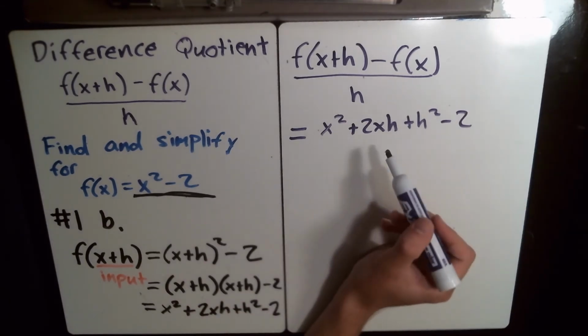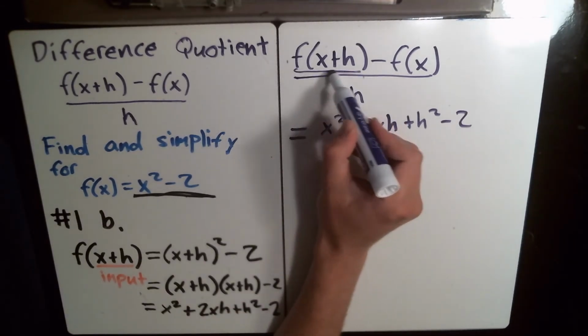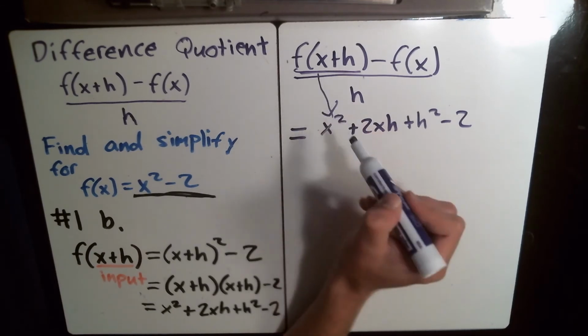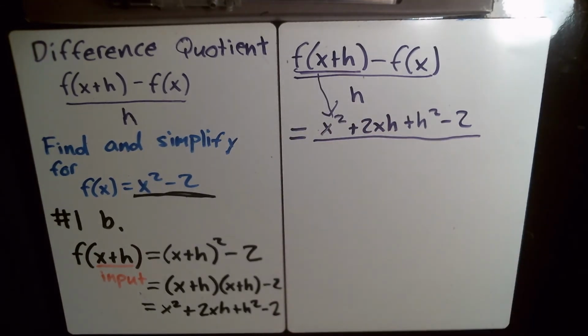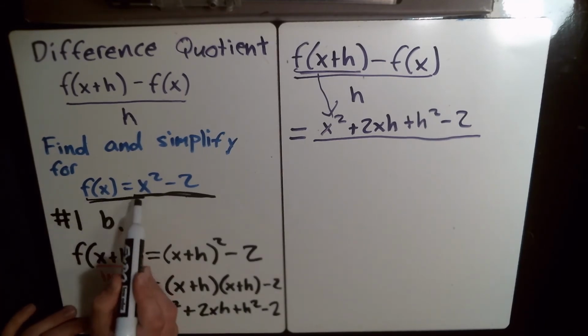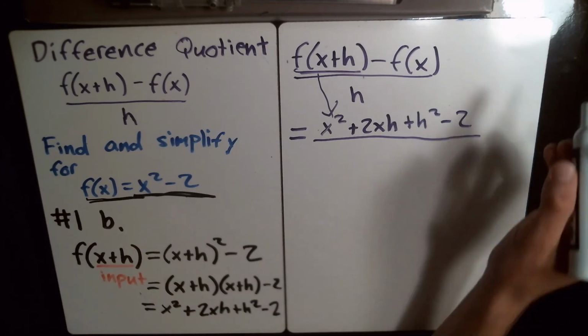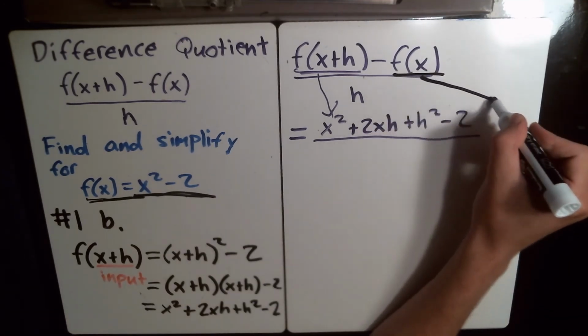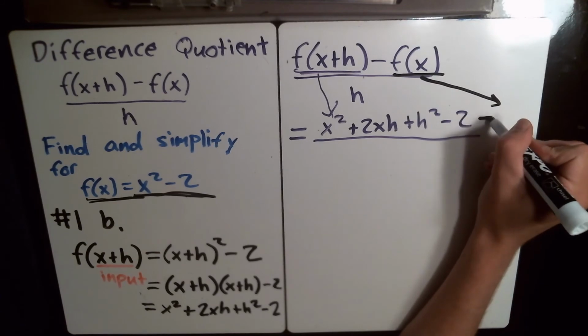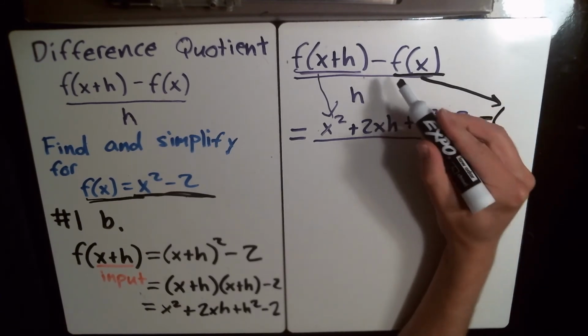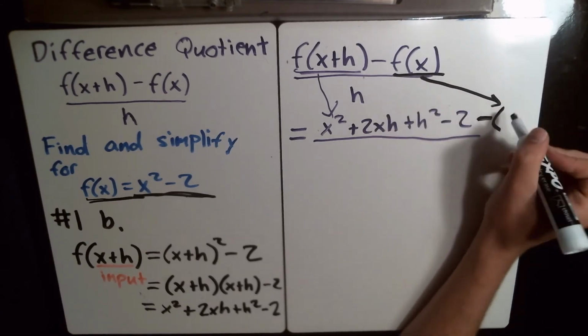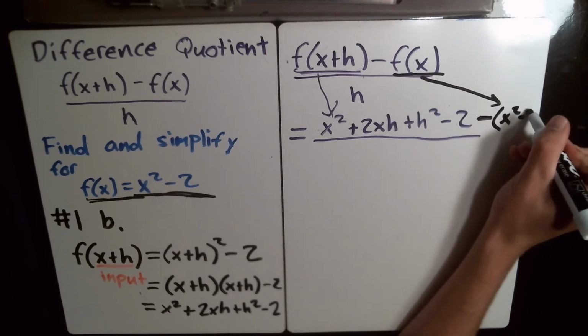That was f of x plus h. And then f of x, well, f of x was right here, right? It's x squared minus 2. So this guy is going to be minus, right? We're doing minus f of x, well, minus x squared minus 2.